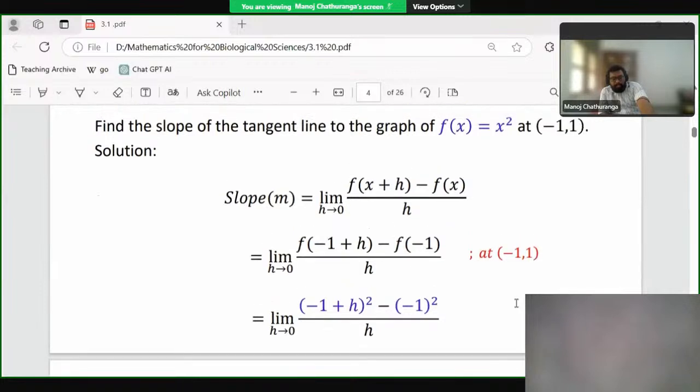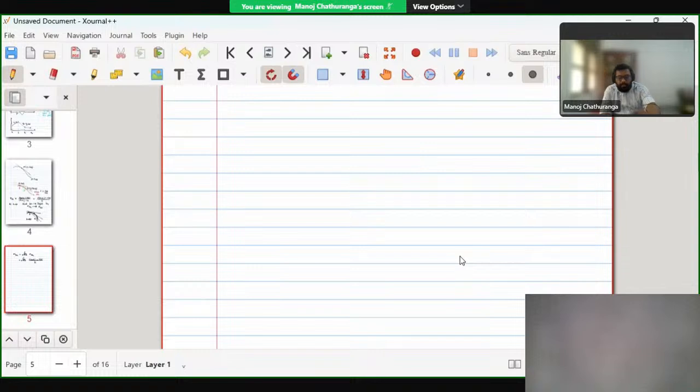So let's look at an example. Let's say we want to find the slope of the tangent line to the graph y equals x squared at the point (-1, 1). So how do we do it?